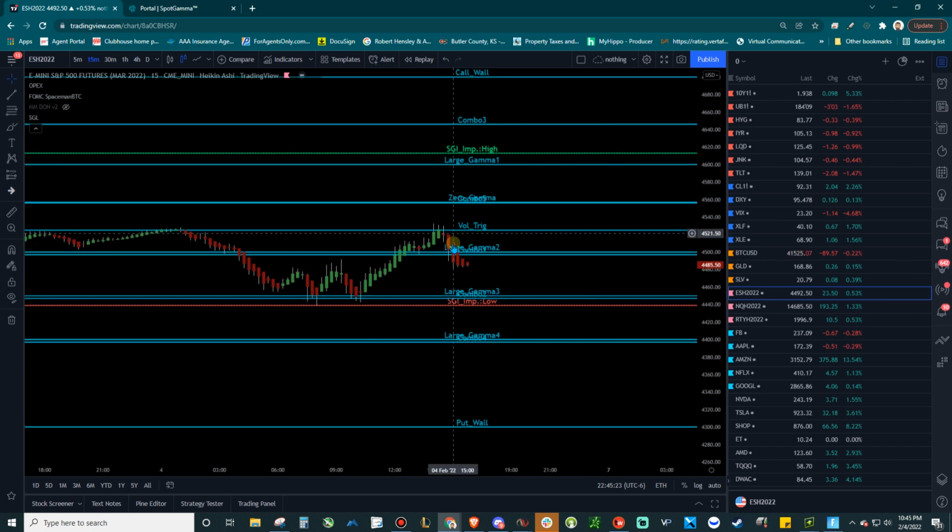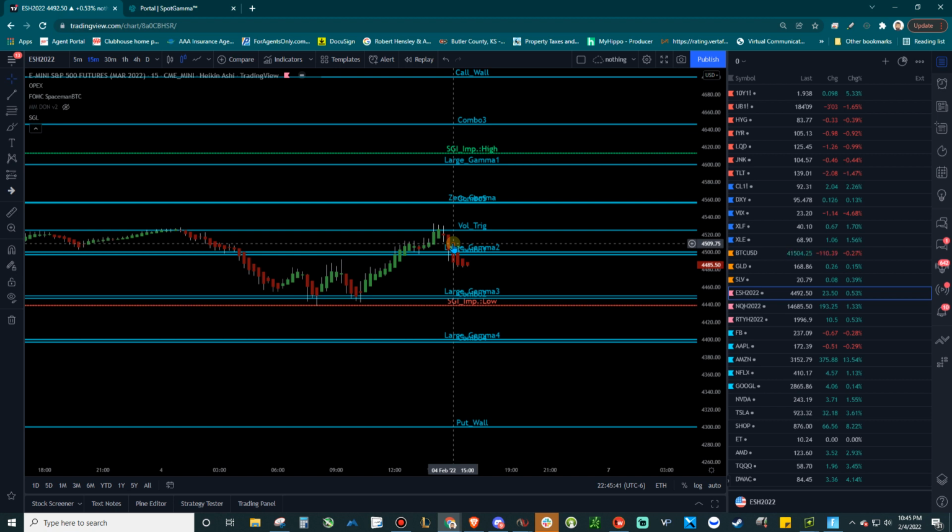And what's nice about this volatility trigger is it's going to tell you whether you're in a negative or a positive gamma situation. So if we go above the volatility trigger, it's going to turn the market into a positive gamma situation.